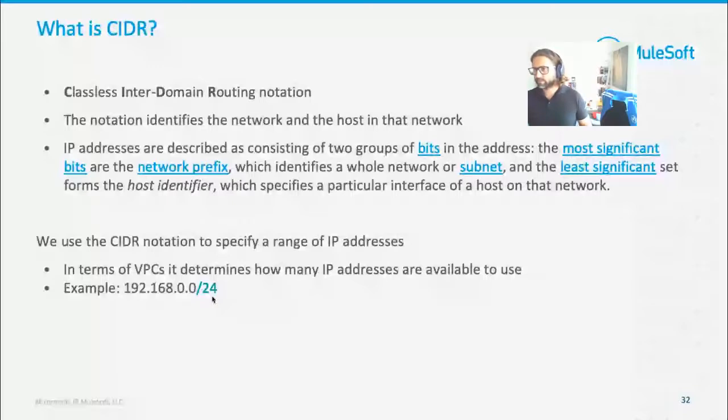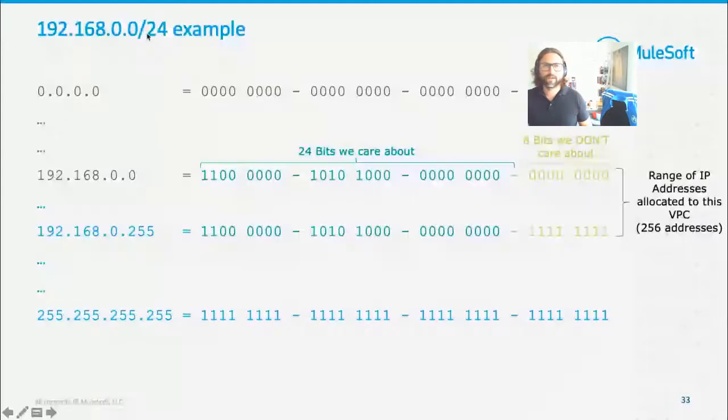The number that we have after the slash, in this case 24, represents the number of bits that we will use to represent the network. So we take 24 bits to represent the network. All the hosts, all the network interfaces in this VPC will have the same prefix.